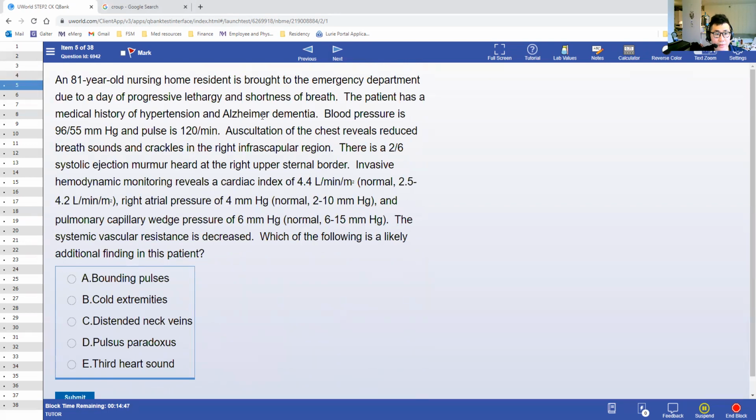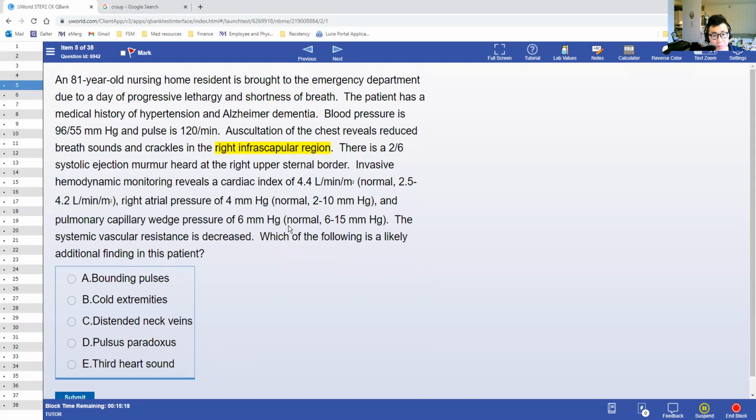Adult patient. This is about pathophys. All right, this is a pressure problem. Cardiac index is fine. Right atrial pressure is fine.